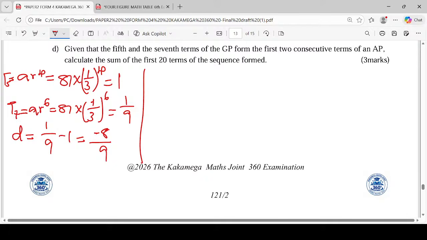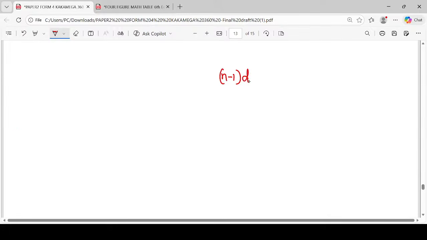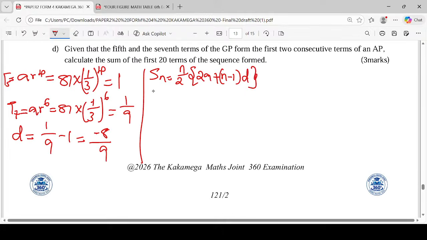Negative 8 over 9. After having that as negative 8 over 9, now they want the sum of the first 20 terms. Sum of n terms is given by n over 2 into 2a plus n minus 1 d. So the sum of the 20 terms will be 20 over 2 into 2a.